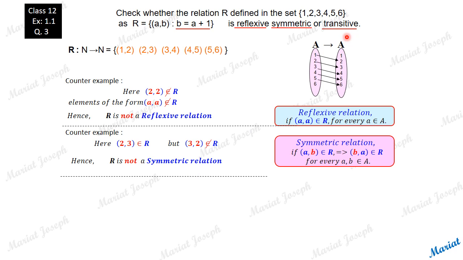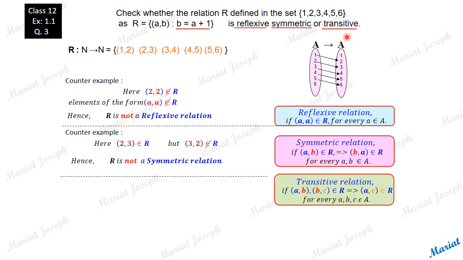Now we need to check whether it is a transitive relation. For a relation to be called a transitive relation, whenever the pairs of the form (a, b), (b, c) are there in the relation, it should imply that the pair (a, c) also will belong to the relation. Let's go and see whether we have such pairs here. (a, b), (b, c). What's special with (a, b), (b, c)?